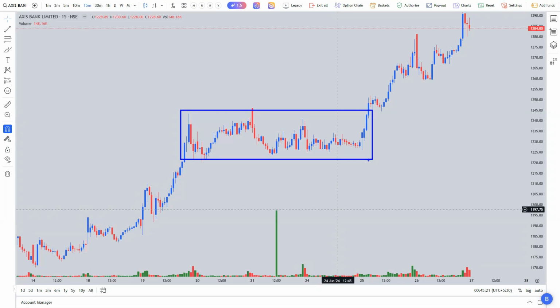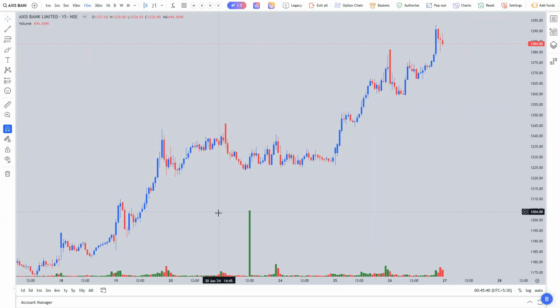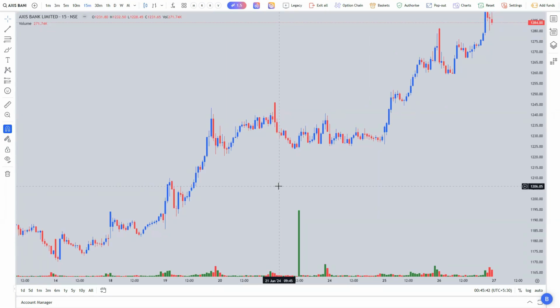Now, let's talk about price. This market is an uptrend. According to any trader out there, there are 2 participants: one is the buyer and one is the seller. There are only 2 participants in the market.